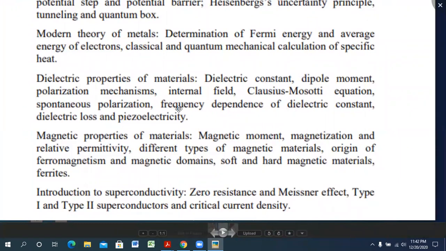Today we have covered the frequency dependent dielectric constants and dielectric losses. In the next lecture, we will learn the piezoelectricity, and this will be the end of the dielectric properties of the material part. After that, we will learn the magnetic properties of the material. Okay.